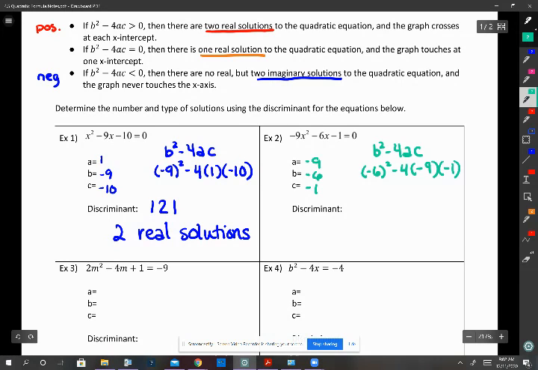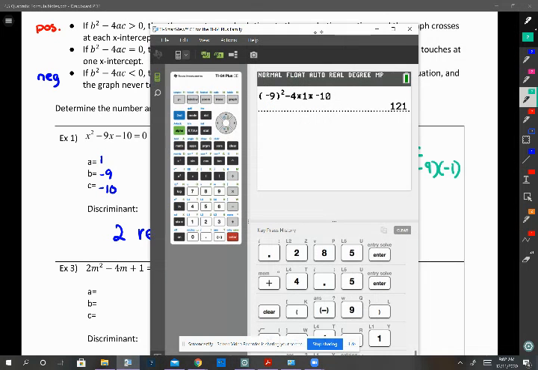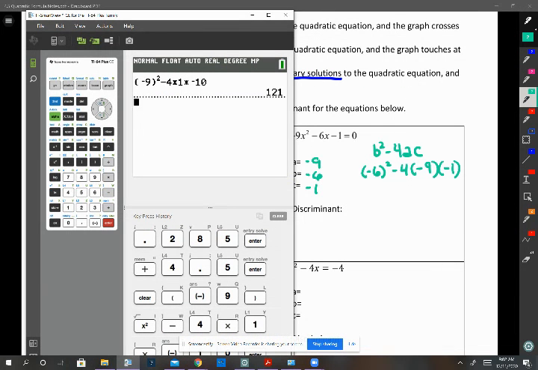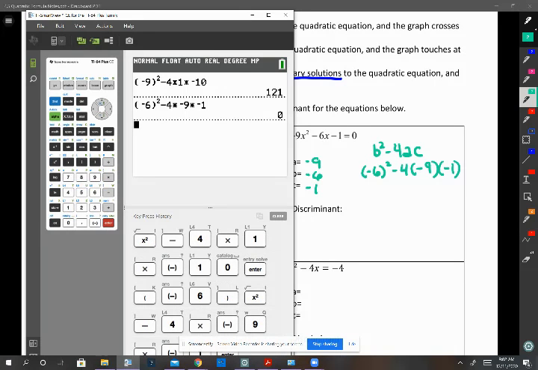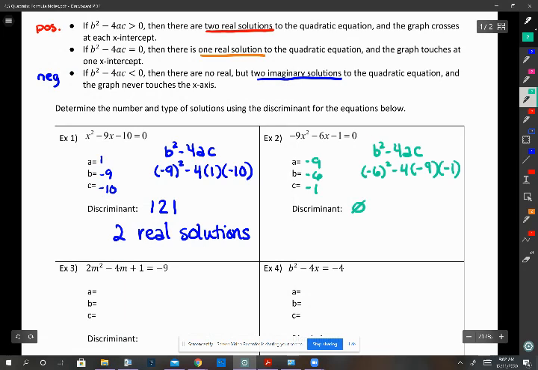Again, we plug it into the calculator: parentheses, negative 6 squared, minus 4, it's always 4, times negative 9, times negative 1. We get that our discriminant is 0. If we get a 0, remember that means we have one real solution.